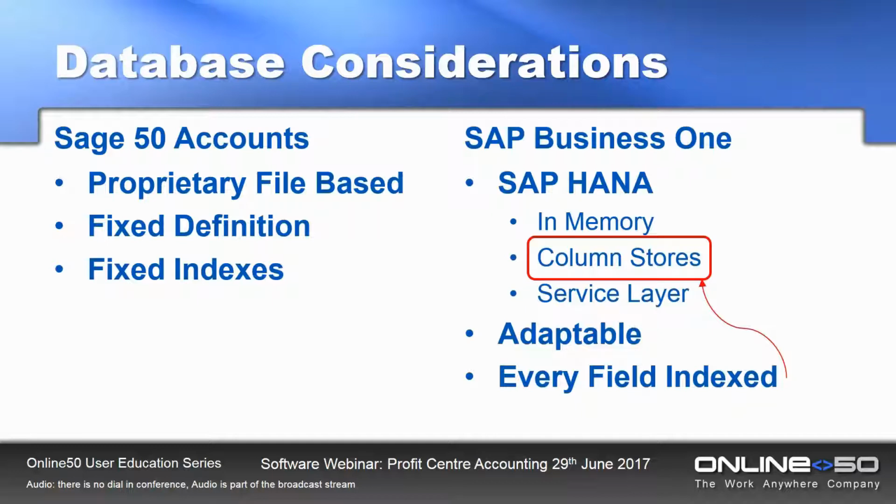Because the data is organized for retrieval, effectively every column in the database, every field that you want to look at, you can select on as quickly as any other field. So it makes it really, really quick.